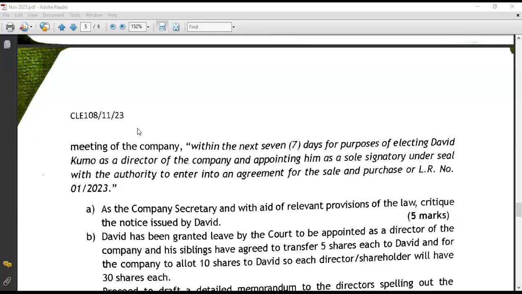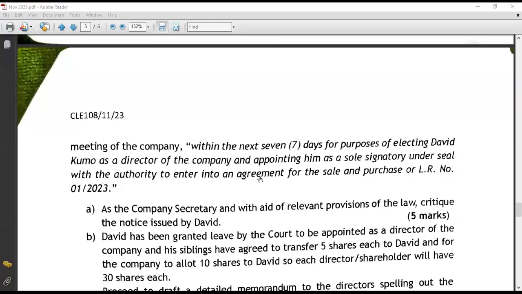Which section is that? I'm trying to look for it. Look at 275. 275(1). Just go to it. Every company shall convene a meeting once a year.